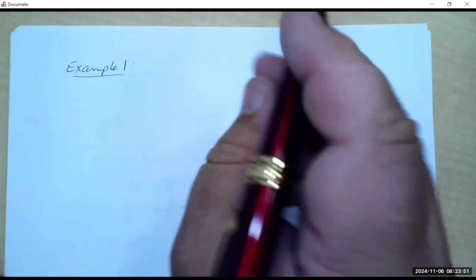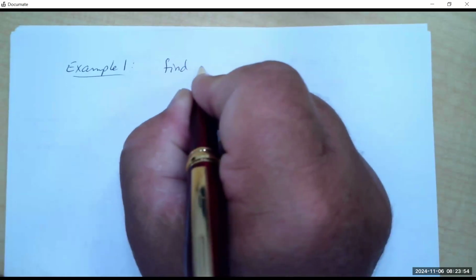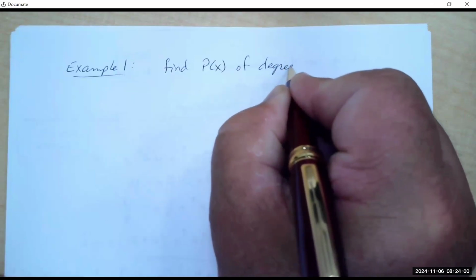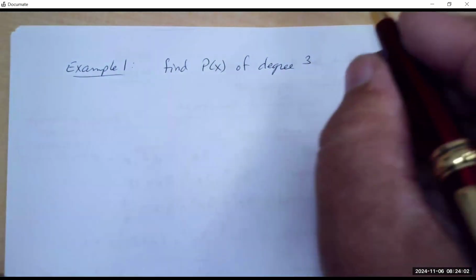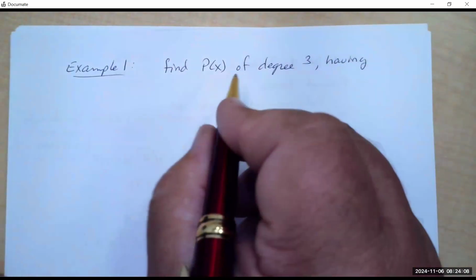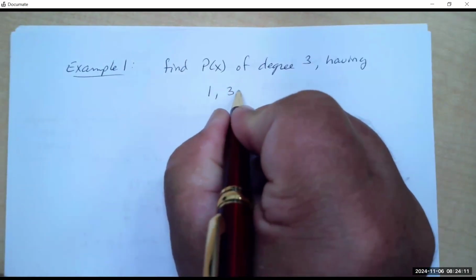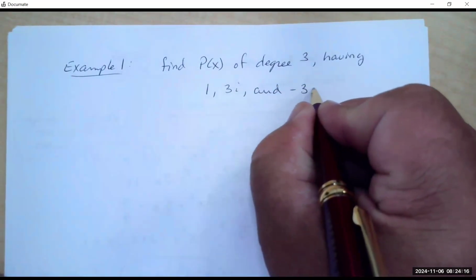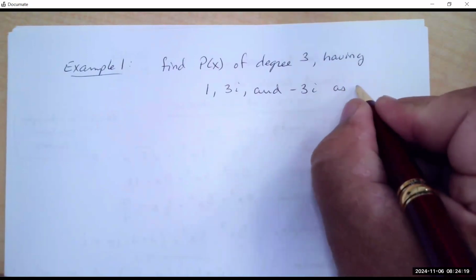All right, so let's look at some examples here. Example 1. It says, find the polynomial, find p of x of degree 3 having 1, 3i, and -3i as zeros.